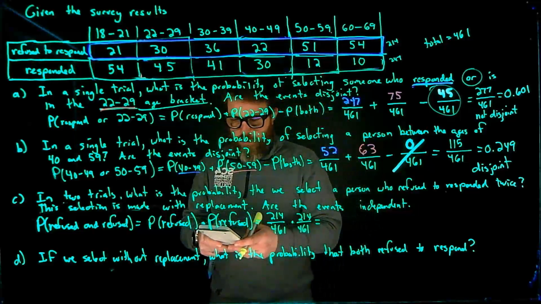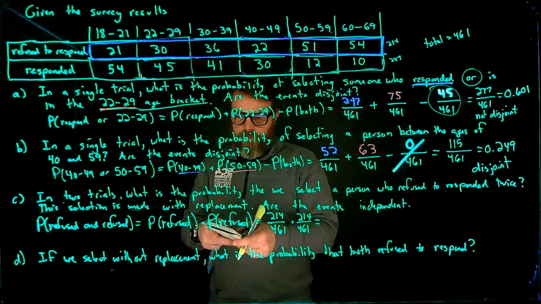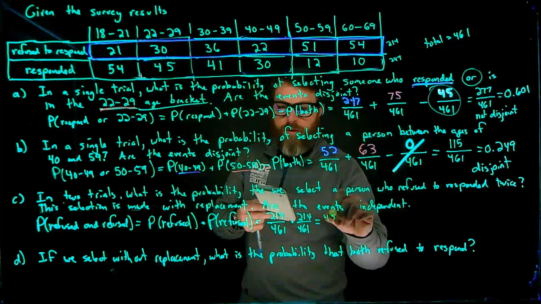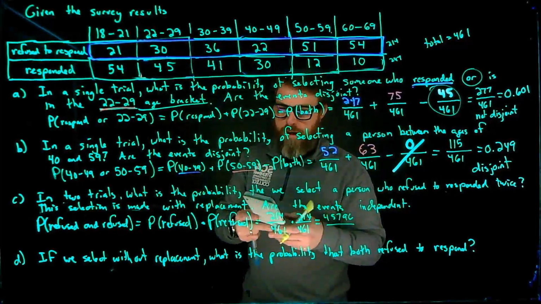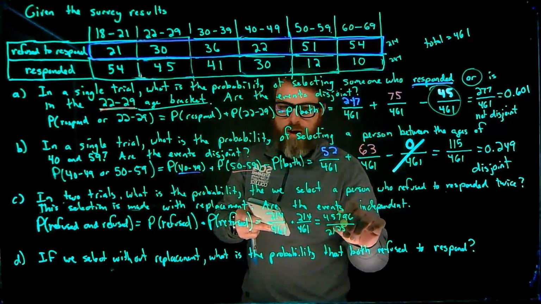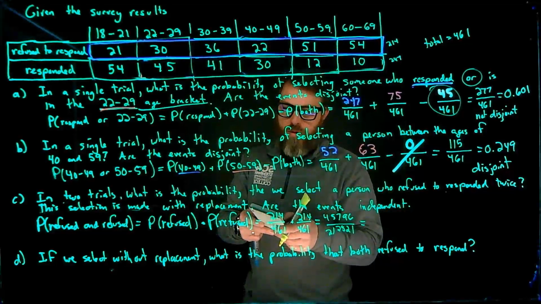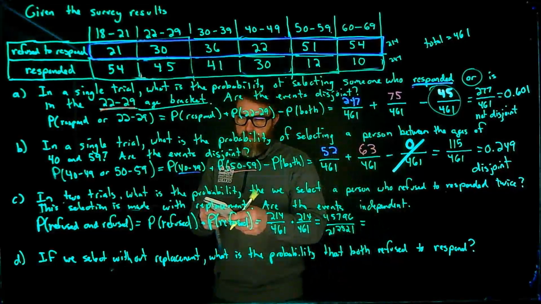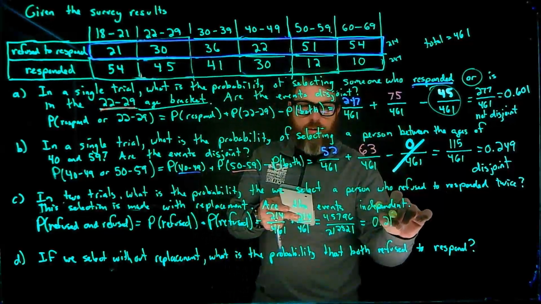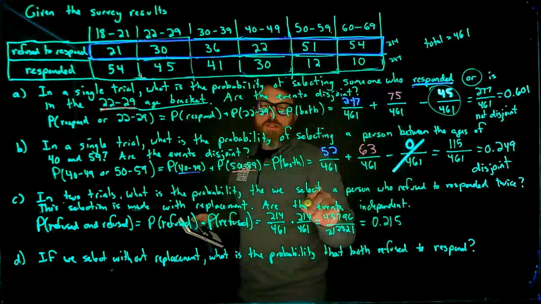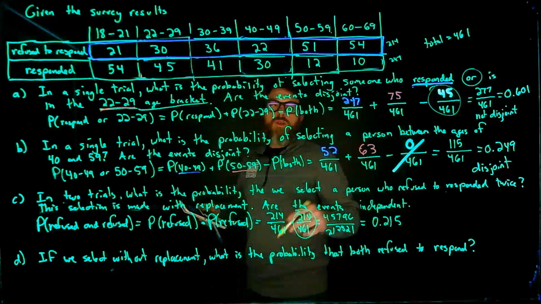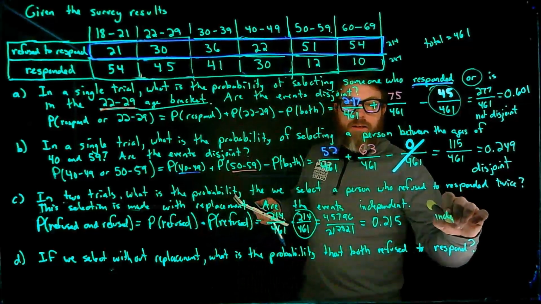So 214 times 214 is going to give us 45796, all divided by 461 squared is going to give us 212521. When you divide those, gives us 3 sig figs, 0.215. Now notice that this probability over here was not affected by the previous success, so therefore these events are independent.